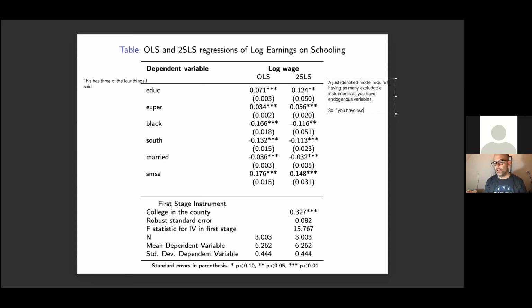So if you have 2 endogenous variables, let's say experience and education in the schooling regression, a just identified model will have 2 excludable instruments. So you'll have to report both of those.